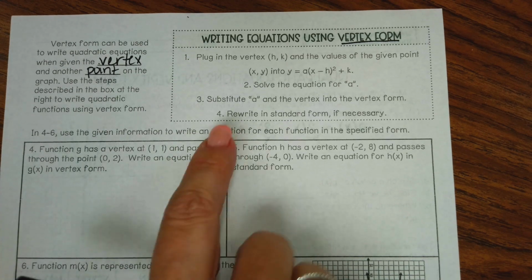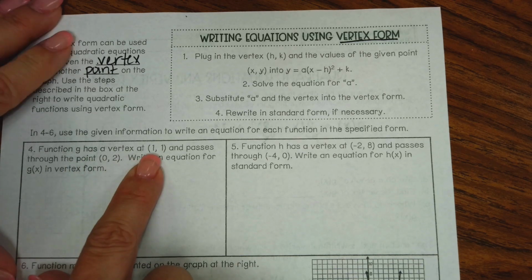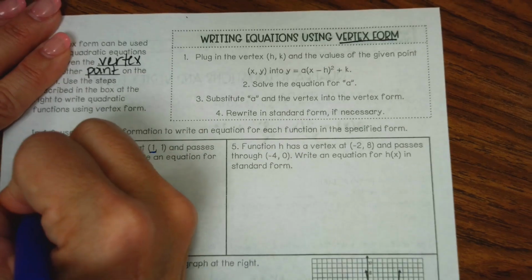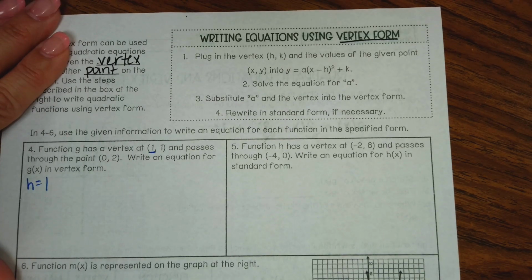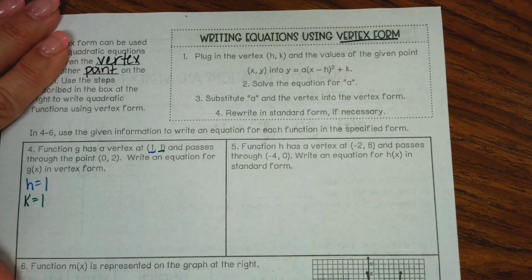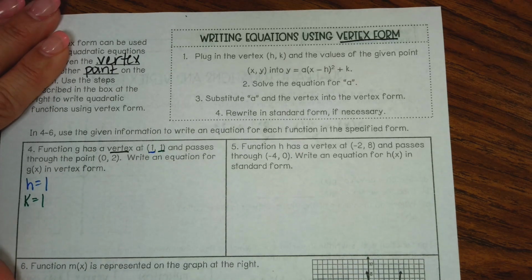Okay, so question number 4. Function g has a vertex at 1, 1. That's going to be my h value, and 1. So remember, vertex is always (h, k).